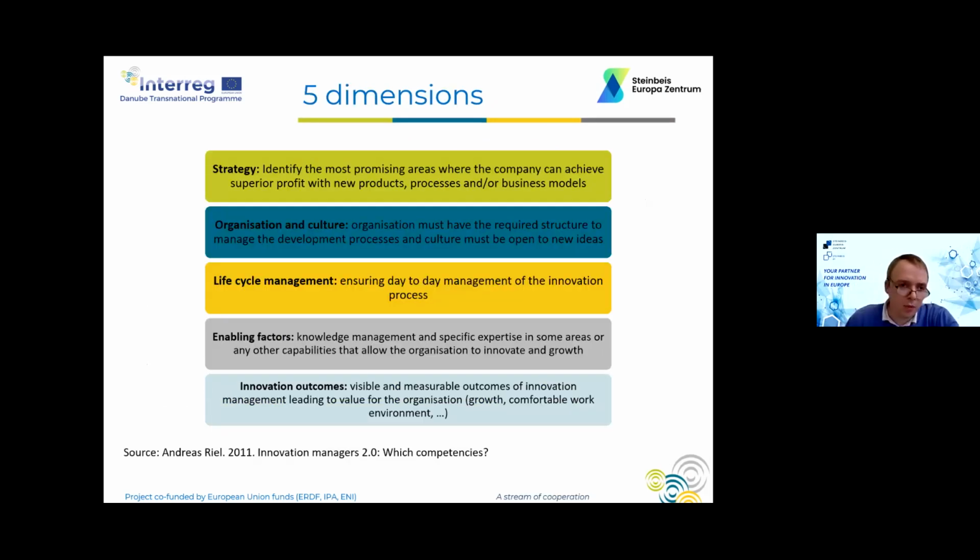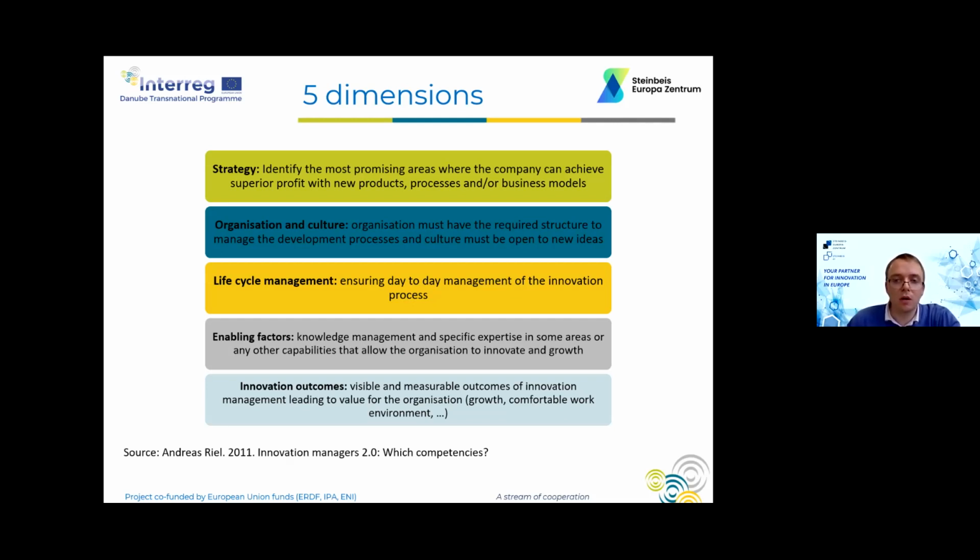First, at the top of the pyramid, we have the strategy. I think every organization that wants to implement some innovation processes or activities needs to first define a strategy. It's the long-term goal and objective of your organization, and this will help you shape all other activities that you want to implement. An important dimension of innovation is also organization and culture.